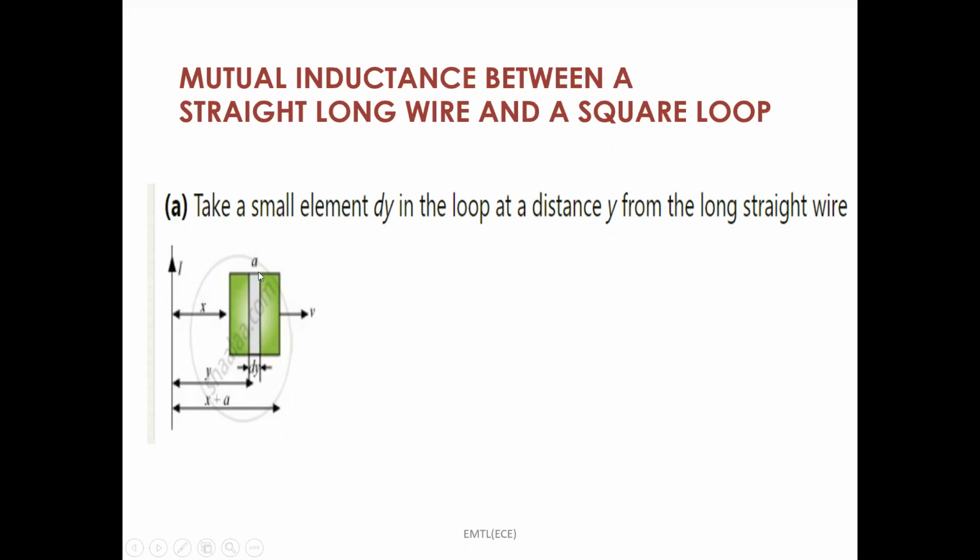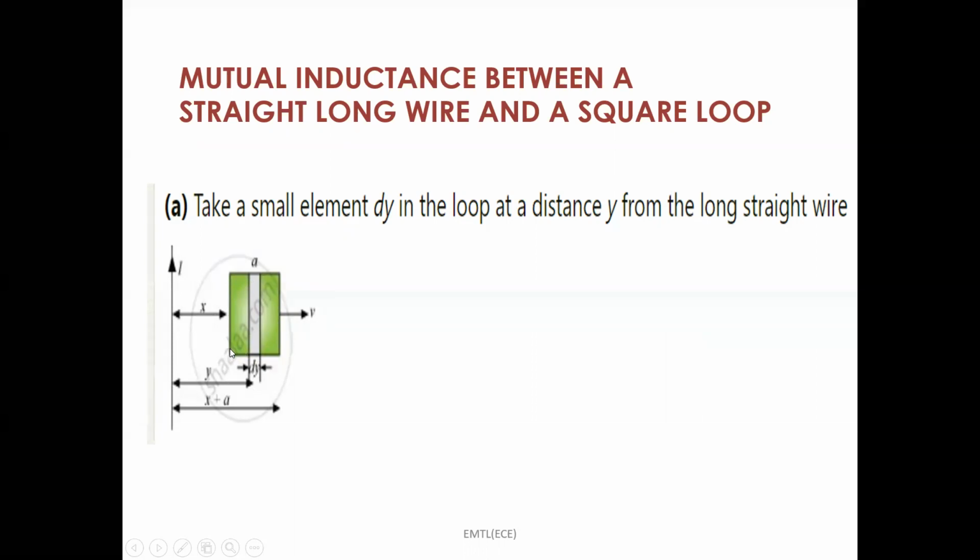Let us consider a small area, a small length dy. This length dy is at a distance y from the current carrying wire. And here the loop width is a and the height is, let us say, y.